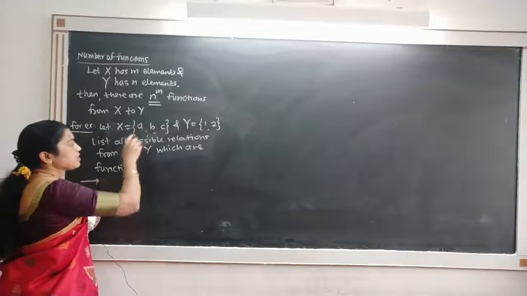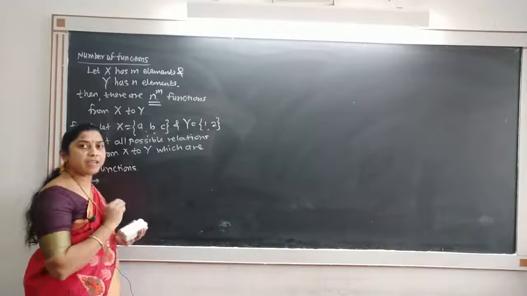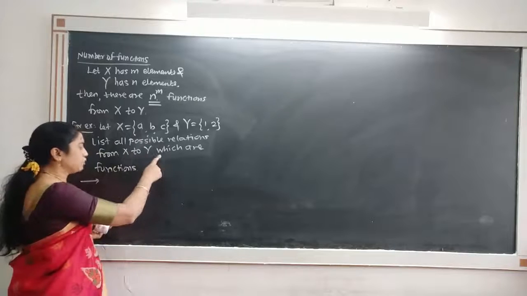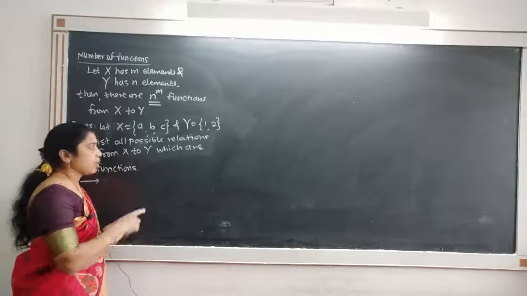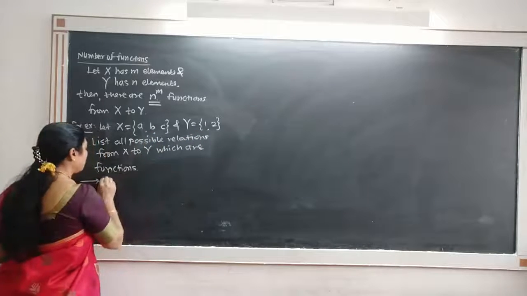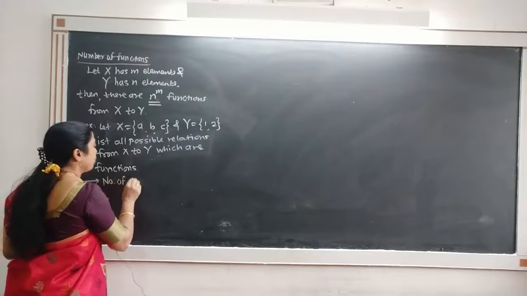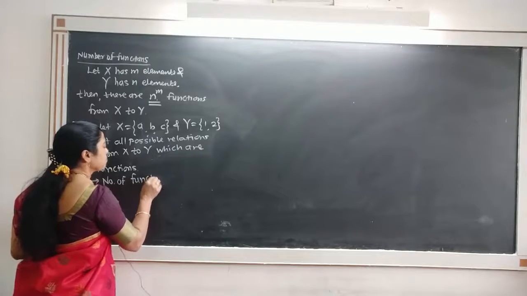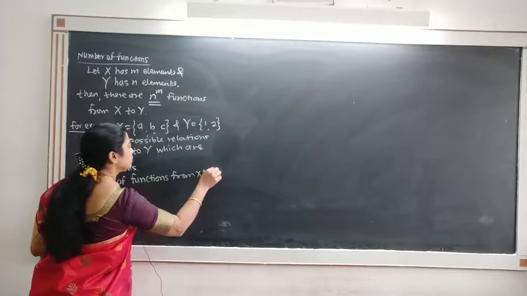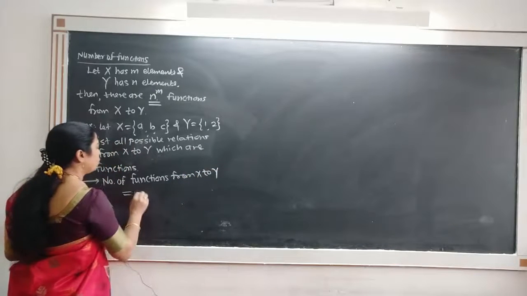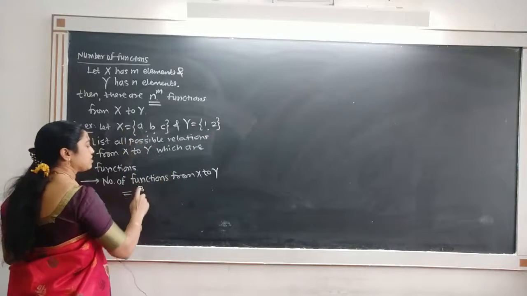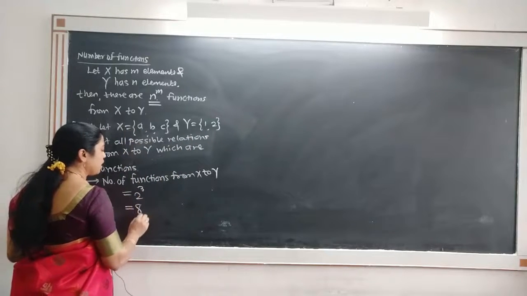So see, x has 3 elements, y has 2 elements. So the number of possible functions is 2 raised to 3, that is 8. So the number of functions from x to y is equal to 2 raised to 3, because y has 2 elements and x has 3 elements, that is 8.